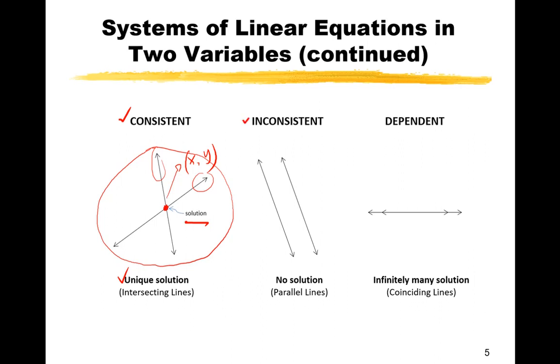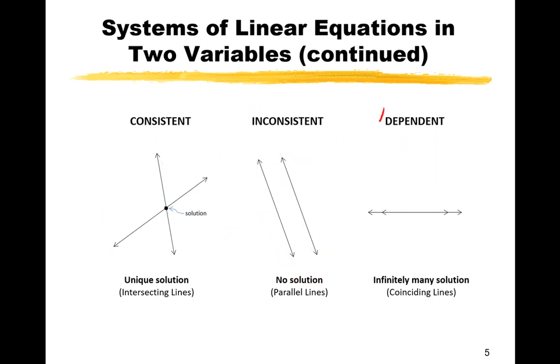Now, inconsistent. Inconsistent if no solution. If you look closely dito sa ating lines, these are parallel lines, wala silang point of intersection. And for all we know sa geometry, di ba, ang parallel lines will never meet. So ibig sabihin, it tries to imply na mutually exclusive yung sagot ng equation representing this line and this line. Wala silang point of intersection.